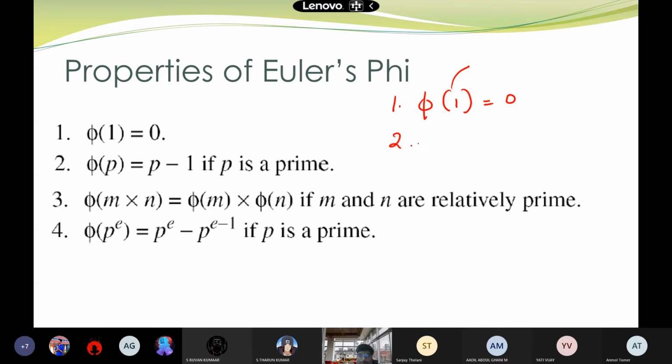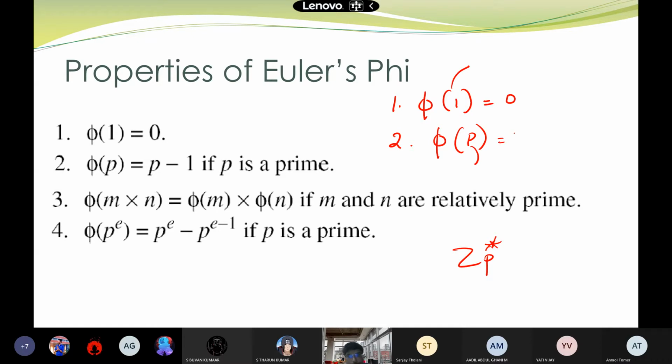The second property says if you want to find phi of p, where p is a prime. As I told you, I'm going to represent a prime number by the letter p, and a composite number, let's probably use n, for example. So if p is a prime, then you want to calculate the number of elements in the set Zp star. I want to find out the number of elements in that set.